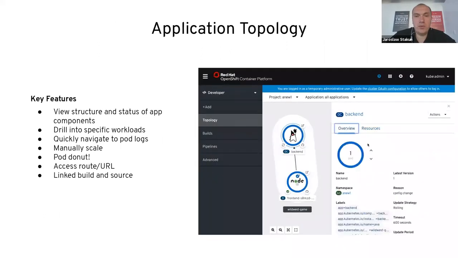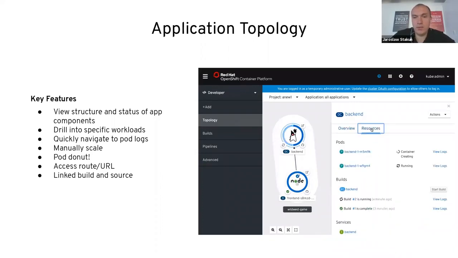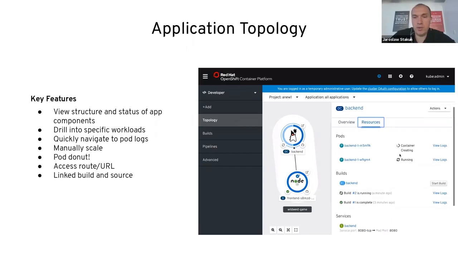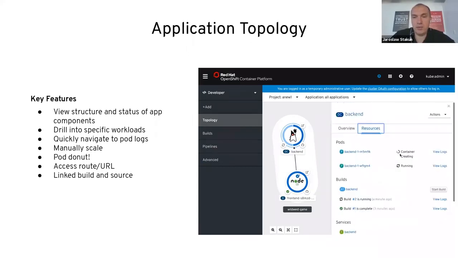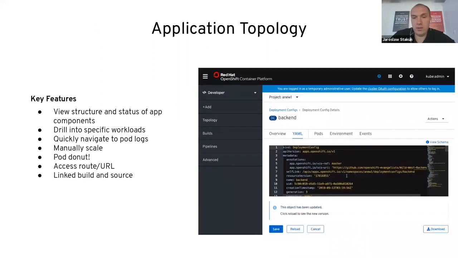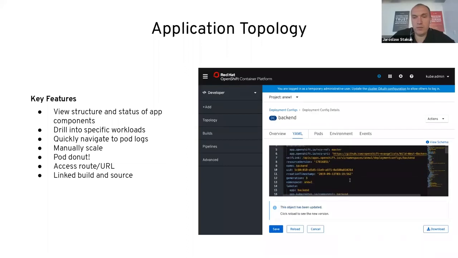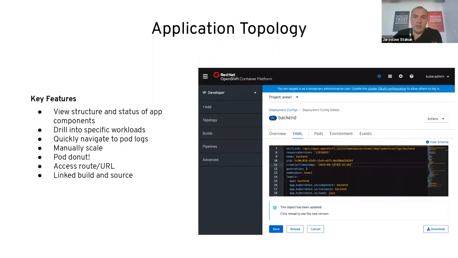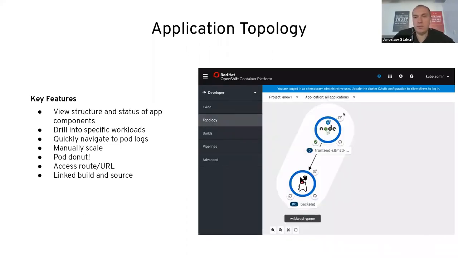There is also a new application topology view where you can access all the components that your application contains. As you know, in the OpenShift and Kubernetes world, even one single container will consist of a number of objects like deployments, services, routes, some config maps, and so on. All those components can be accessed from this topology view.